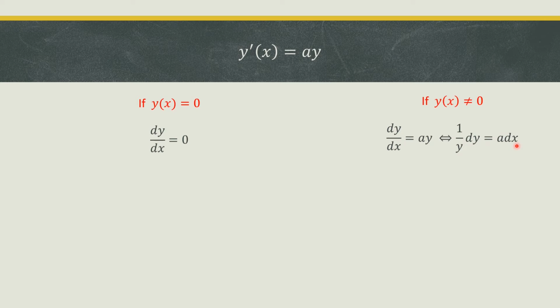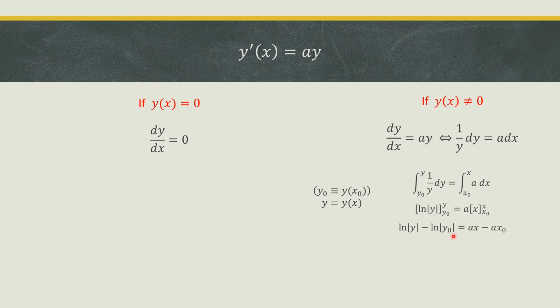And we get the definite integral, and they should be equal. In this case, we have a constant x sub 0, and x is the variable here. And then we define another constant y sub 0 to be the value of y at x sub 0, and y is just the value of y at x. And we know how to do the integral on the left and on the right. So let's just do that with some algebra.